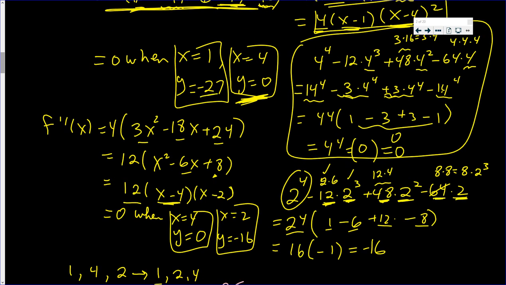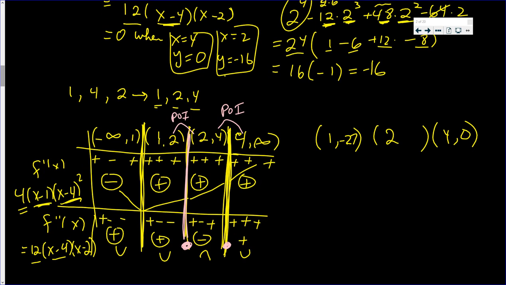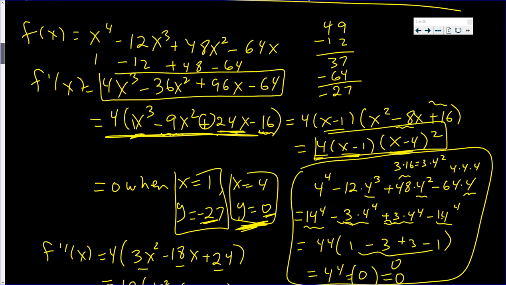When x is 1, we get negative 27 and 0. When x is 2, over here, we got negative 16. Okay, so now, one more point. When x is 0, get that x-intercept.